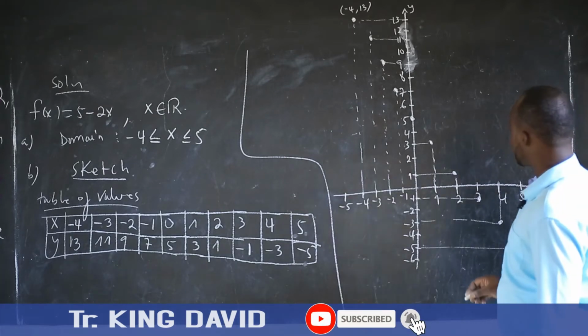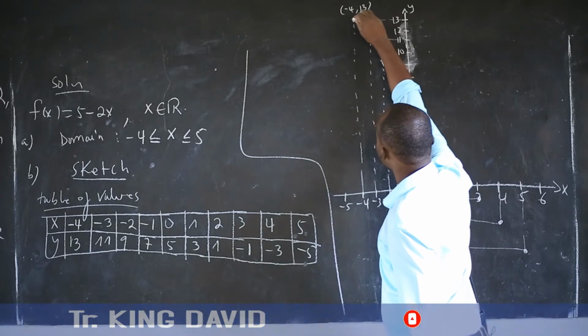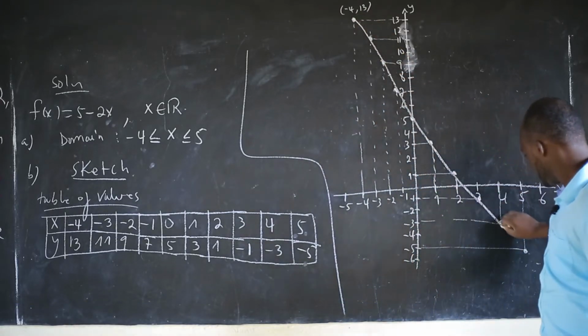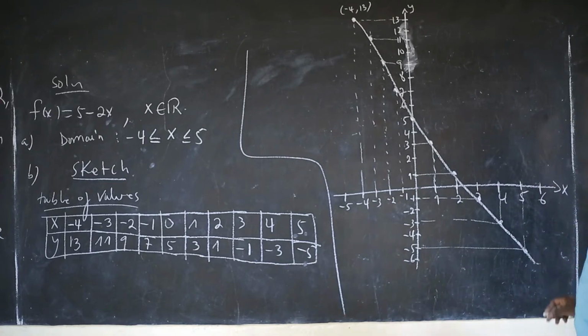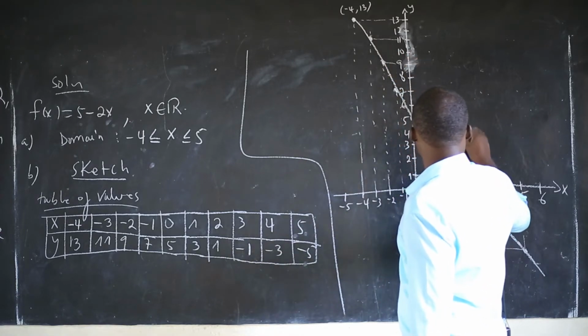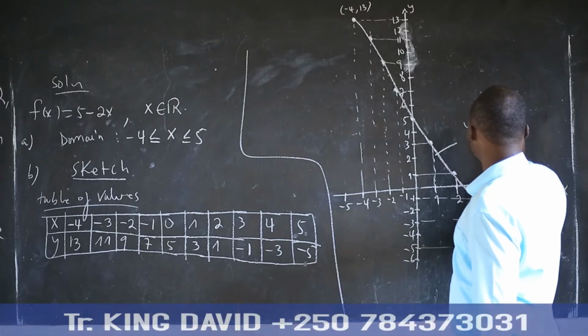You see, it is a straight line. Our line is a straight line, y equals 5 minus 2x.